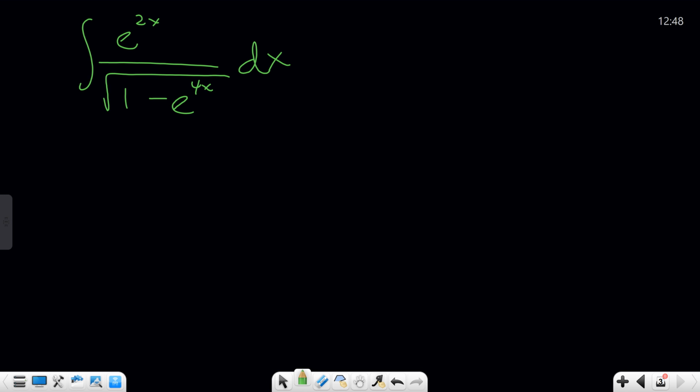And if that's it, what's u? e to the 2x. Very good. Now that doesn't quite fit into the model that we have for the first one, but it will work itself out when we realize that since u is not just plain old x, I have to do a u du. Also, do you all realize that these two things are equivalent? Everybody, we're good? Okay, so therefore, in this problem, u is equal to e to the 2x.